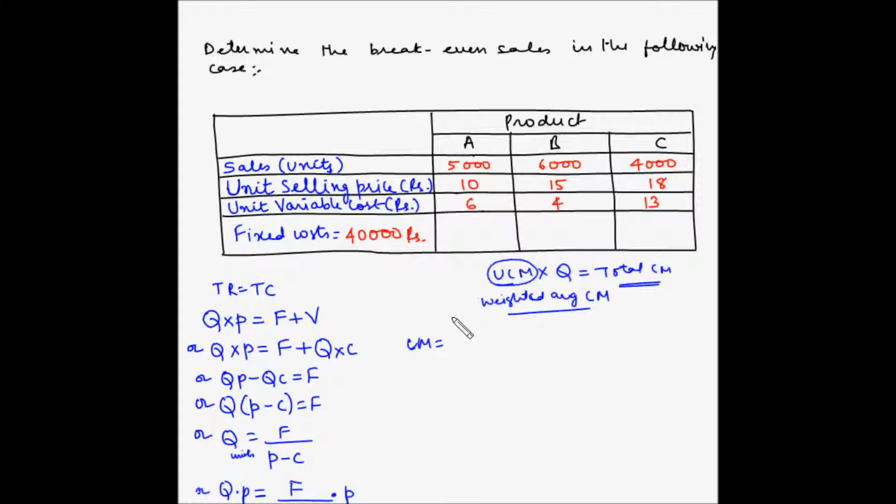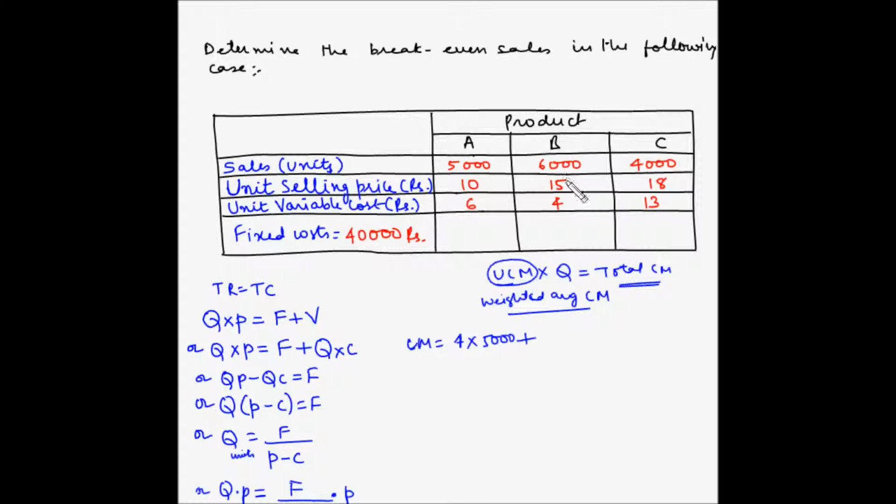So in this case, the average contribution margin will be nothing but the addition of the multiplication of individual contribution margin. So for product A, the unit contribution margin is 10 minus 6, which is 4. And the total contribution margin for A will be 4 multiplied by the number of units sold, which is 5,000.